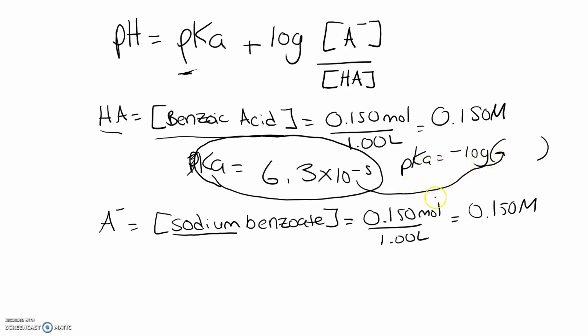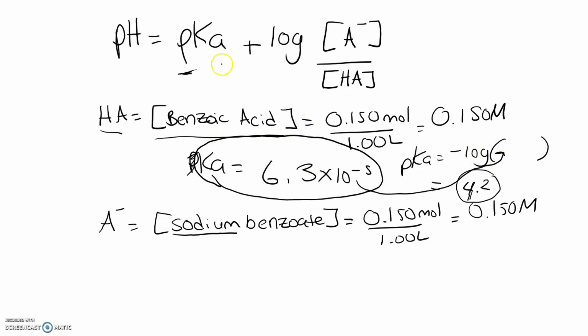When I do that, I find that the pKa is equal to 4.2. And like I said, buffers are going to work most effectively within plus or minus 1 pH unit of their pKa. Basically, the pKa is the pH at which your solution is 50% A- and 50% HA.